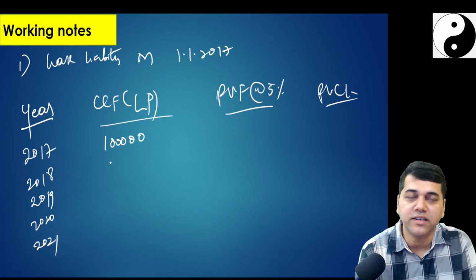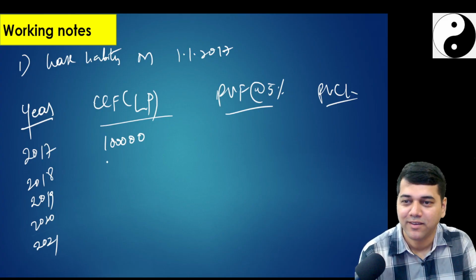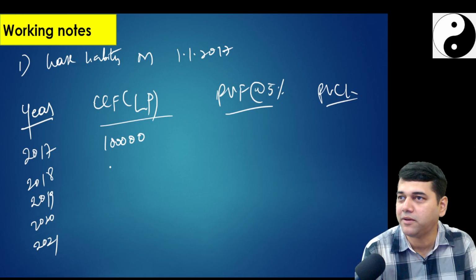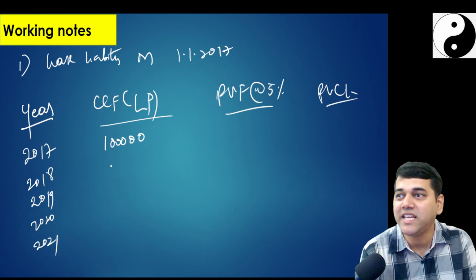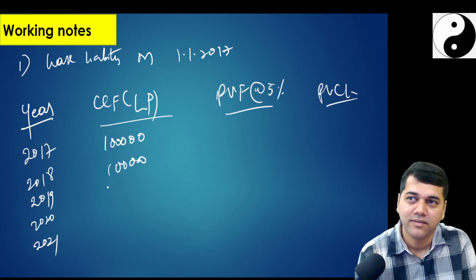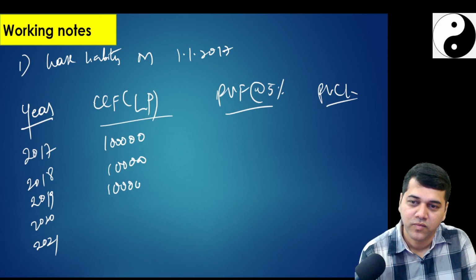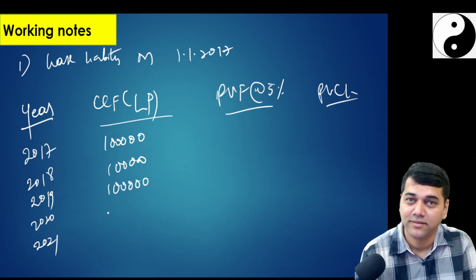What is my second year? Why? CPI is variable, no? But it didn't change. Third year? Same. Fourth year? Is it going to change?